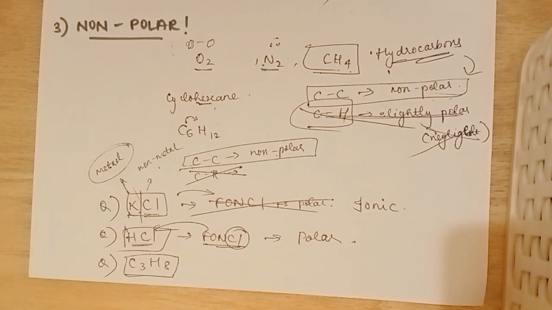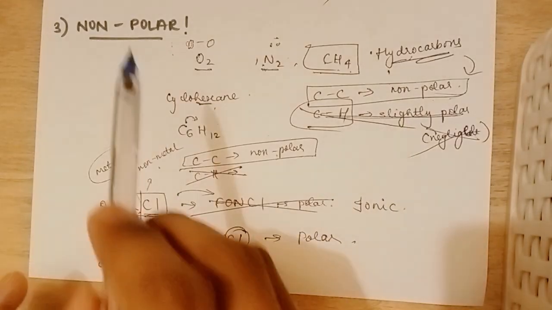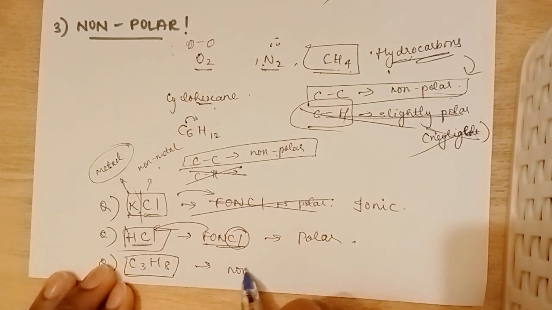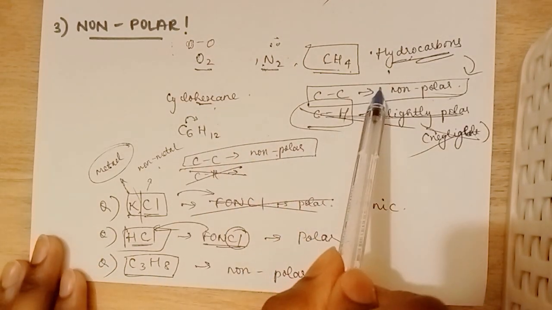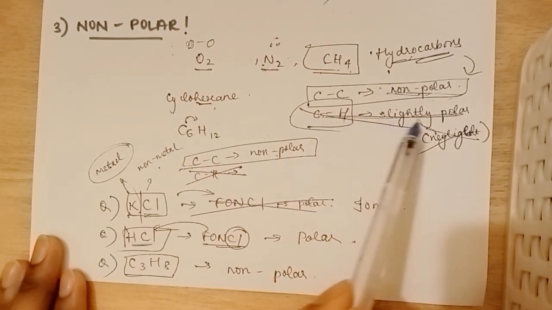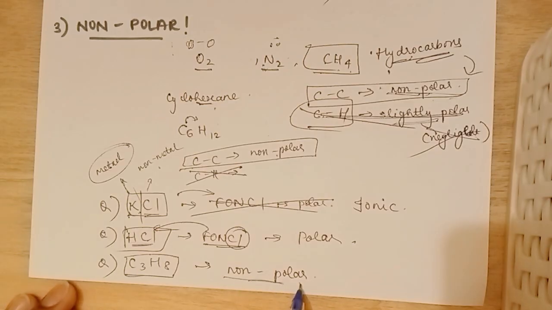What is C3H8? Yes, it is a compound, but it is a hydrocarbon. And whenever a hydrocarbon comes in any question, then it is non-polar. And if they ask why is it non-polar? Because CC bonds, as I said, are non-polar and CH bonds are slightly polar or almost negligible. Thus, we take it as non-polar.